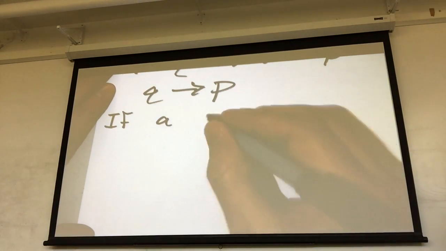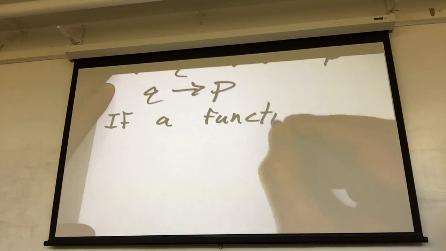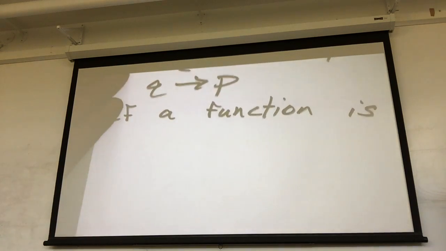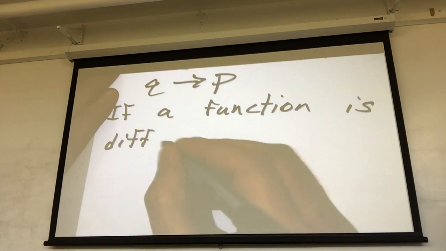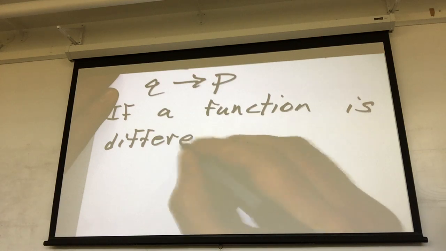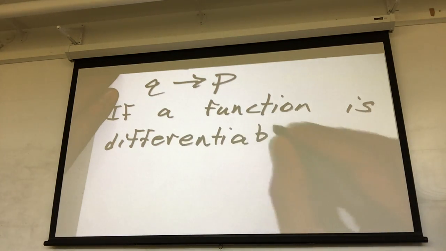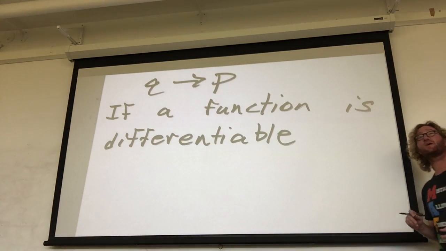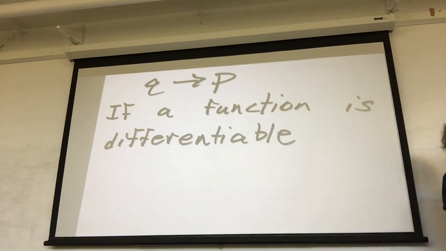if a function is differentiable, and y'all might not be familiar with exactly what this word means, but another way to talk about a function being differentiable, what is a word that would be common that we would use for this?